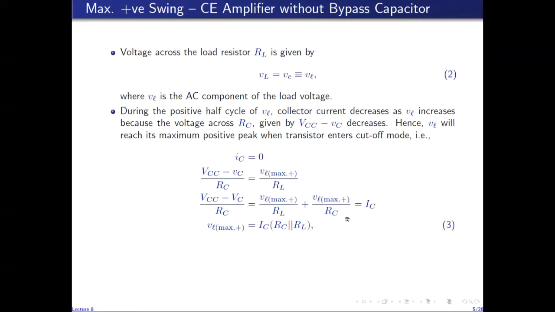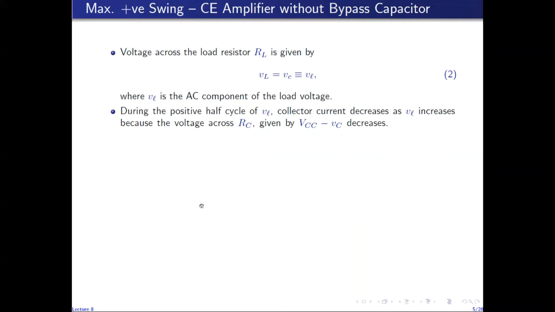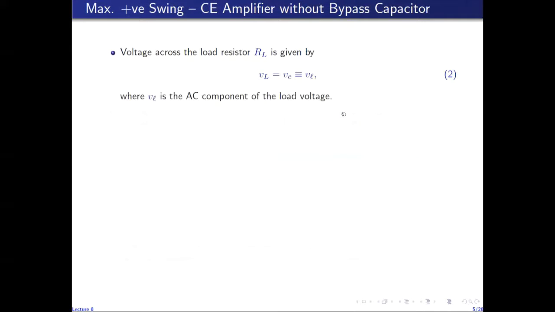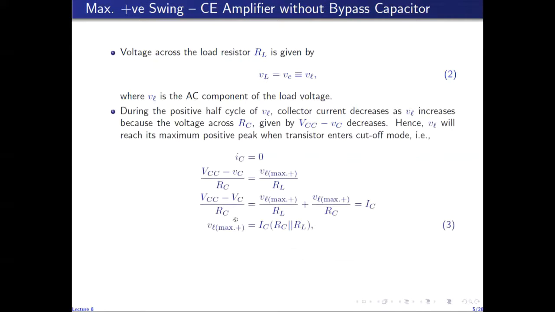I realize that this left-hand side, VCC minus capital VC, is the DC voltage across RC. So VCC minus the DC component of collector voltage is the DC voltage across RC, and if we divide that voltage by RC, we get IC, the DC component of the collector current.